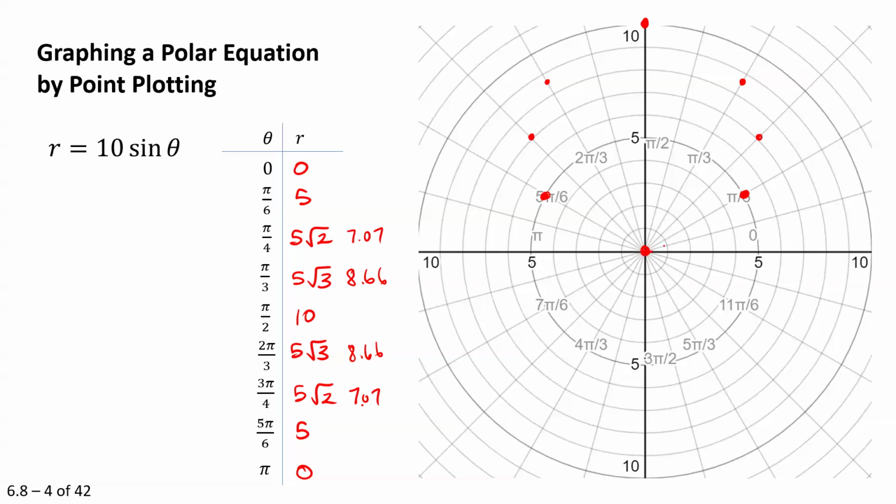What kind of a shape did we create here? We have a circle. I know my circles are not great. It just looks like a leaf or a flower petal instead.